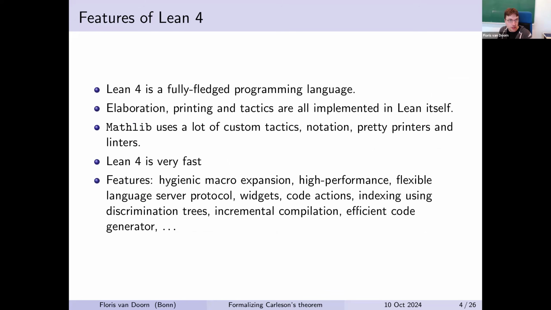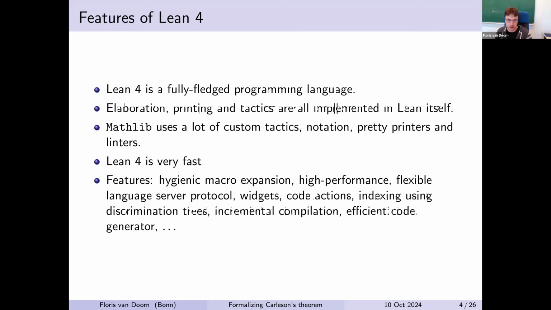So here are some of the features that are new in Lean 4. Besides being a proof assistant, Lean 4 is also a functional programming language, so you can use it just like any other programming language. It's performant, it works very well, and it offers some interesting perspectives from a programming language as well.